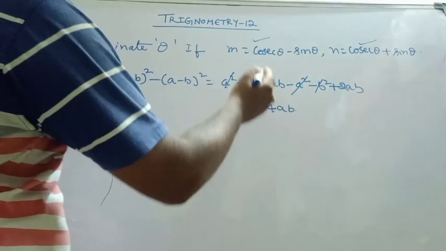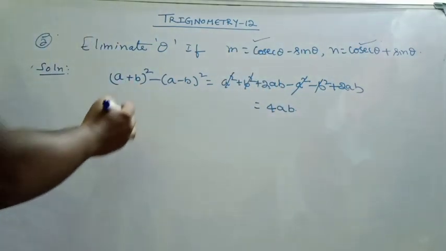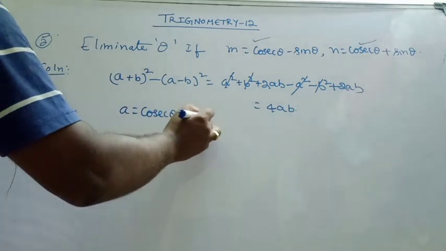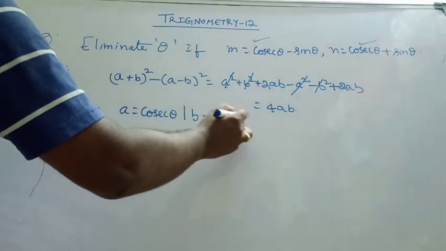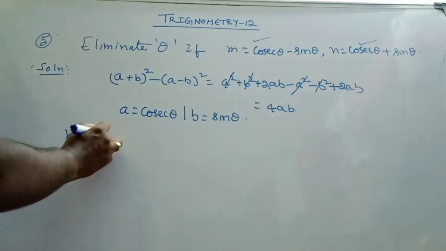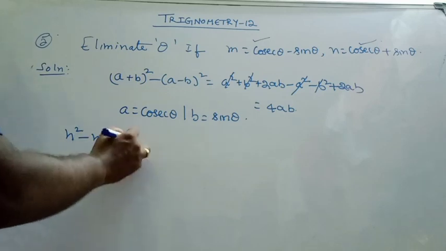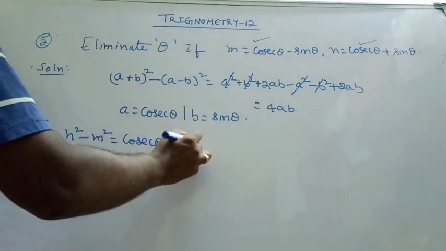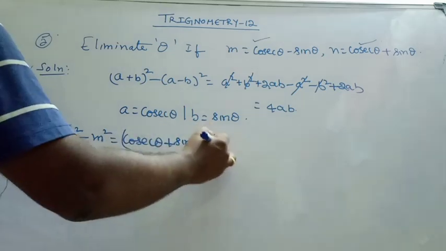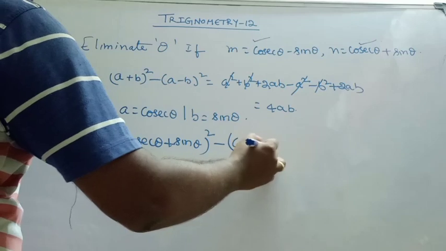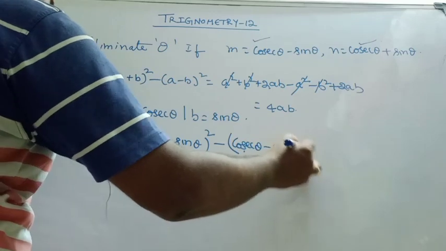Here if you take a as cosecant theta and b as sin theta, right. Now you see, my dear students, n square minus m square is equal to cosecant theta plus sin theta whole square minus cosecant theta minus sin theta whole square.